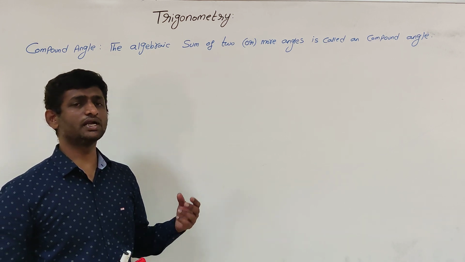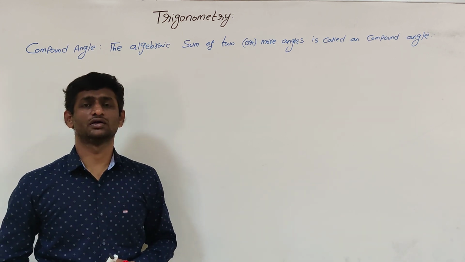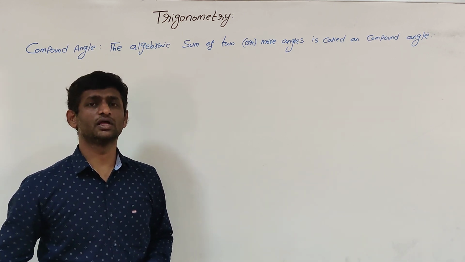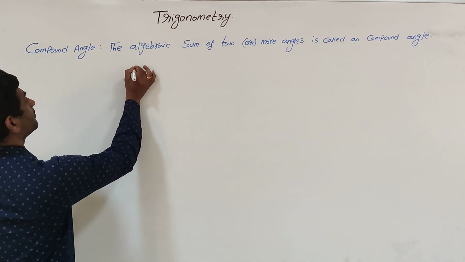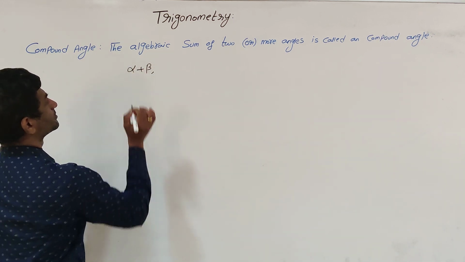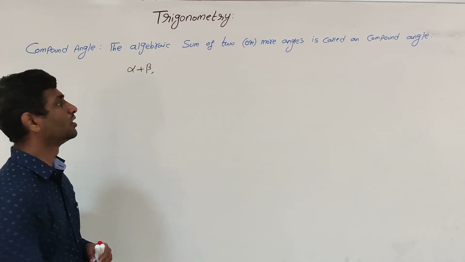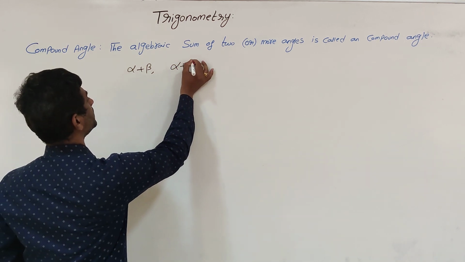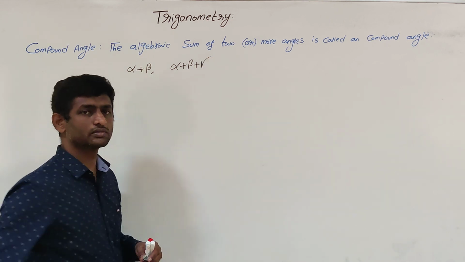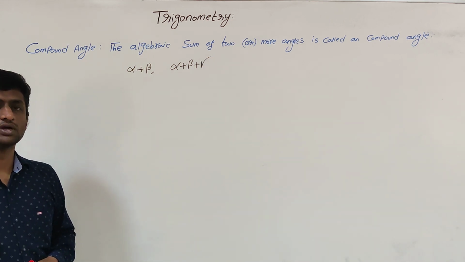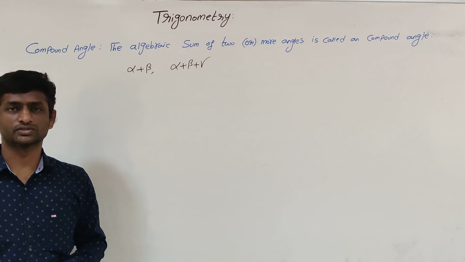Means if you assume that alpha, beta are two different angles, then alpha plus beta is the sum of two angles, or we can have alpha plus beta plus gamma, which is a sum of three angles.